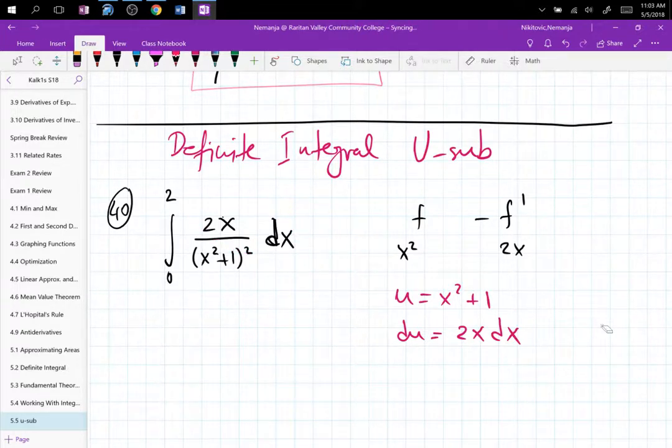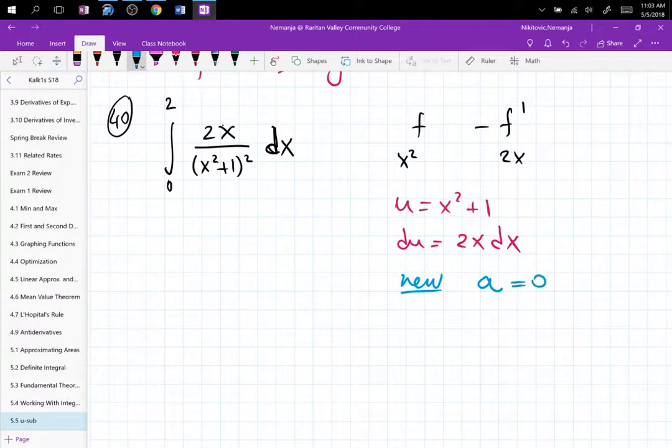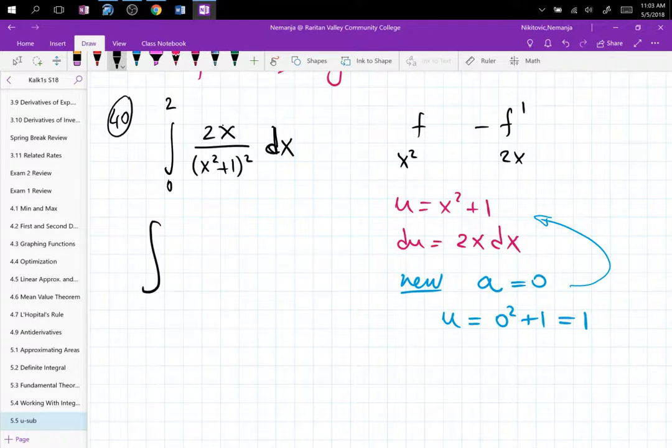And now here's the new stuff. Your limit a is 0. Now that's x1. You plug that in the u substitution to get u equals 0 squared plus 1 equals 1. So your transformed integral is going to have 1 as the lower limit.